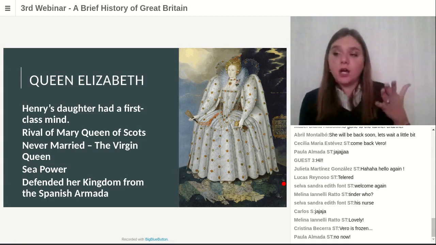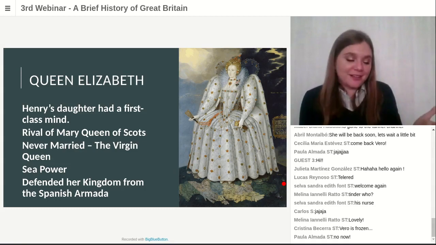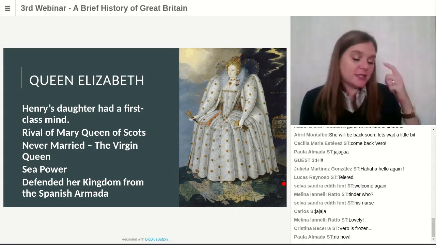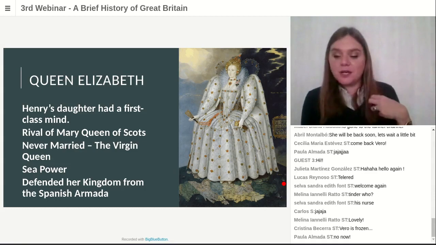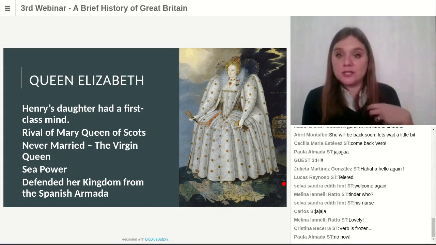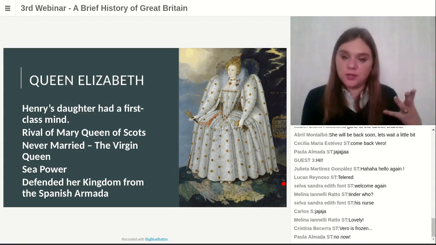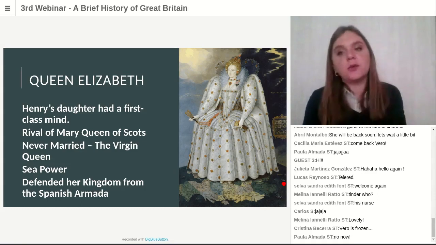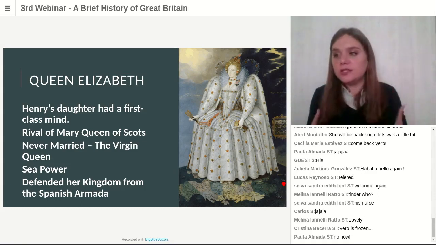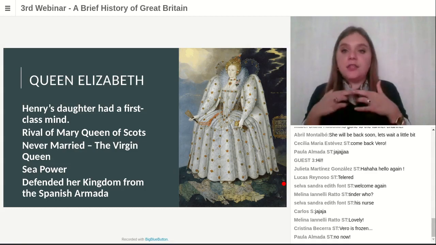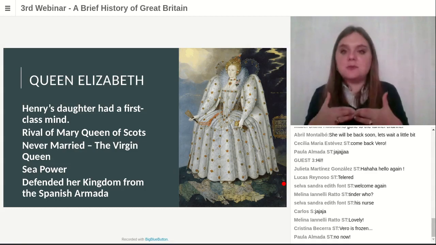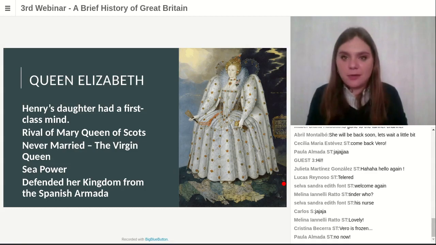Funny enough, something that I always find paradoxical is that Queen Elizabeth is buried in Westminster Abbey in London. So if you go to London and you go inside Westminster Abbey, you can see Elizabeth's burial place. The interesting thing is that she's buried together with her sister Mary.